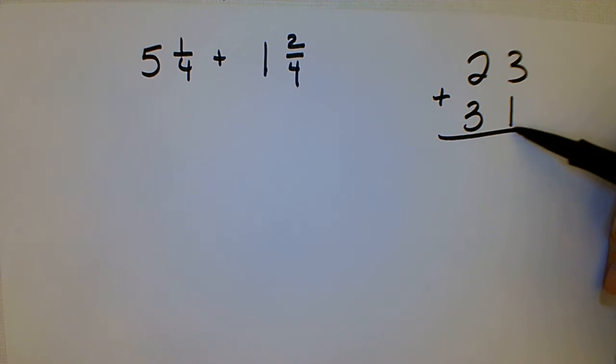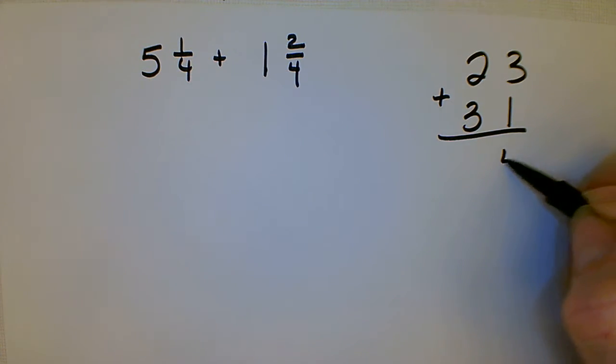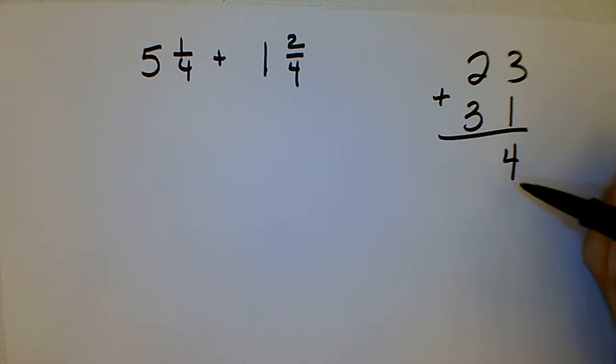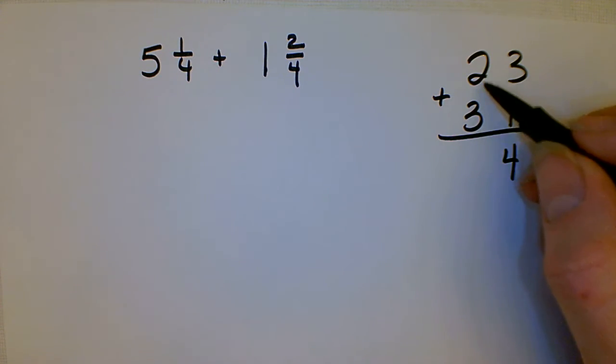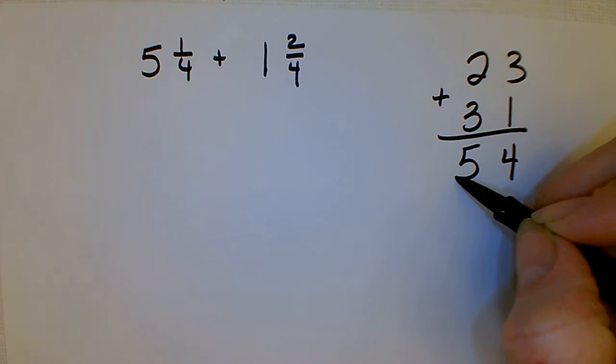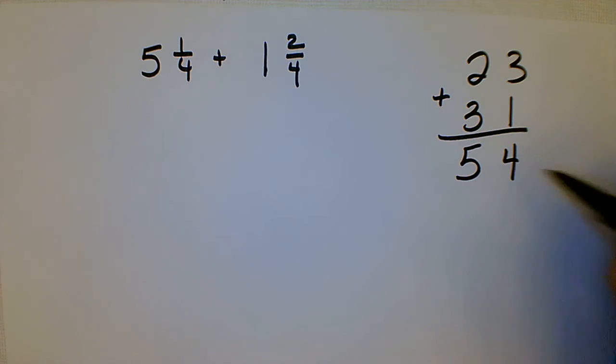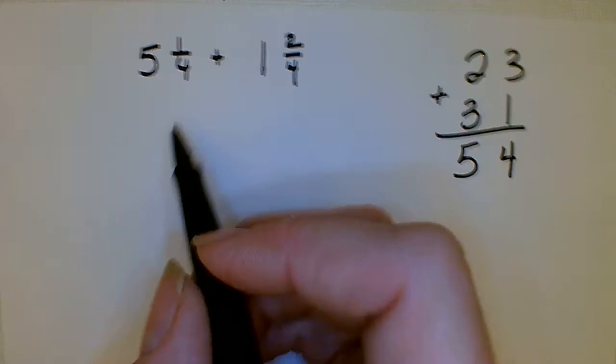And then I could first add my 1s. So 3 plus 1 is 4. And let's add our 10s here. So 2 10s plus 3 10s would be 5 10s, or 50, so 54. Just like we do that, we can line these up.